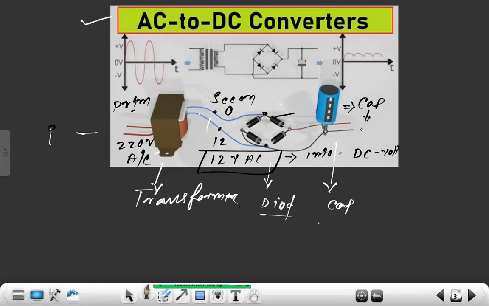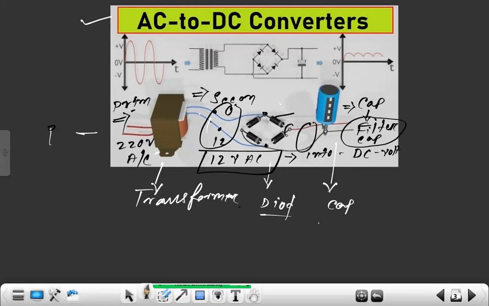This particular capacitor is meant for filtering the power, so we can say it is a filter capacitor. Finally, if we apply 220 volt at this junction, the output will be 0 to 12 volt AC, and across this we will get two different voltages.